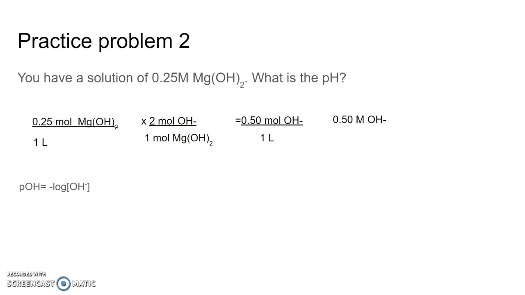I already know what my hydroxide ion concentration is, so I'll just plug that in. This is what I end up getting: 0.3. And then the pH plus pOH equation, I'll use that again, plug in my pOH. And so then I would end up getting 13.70. Sounds good. Okay, so if that's my pH, does that make reasonable sense? Yeah, it makes reasonable sense if I'm looking at the hydroxide ion concentration.